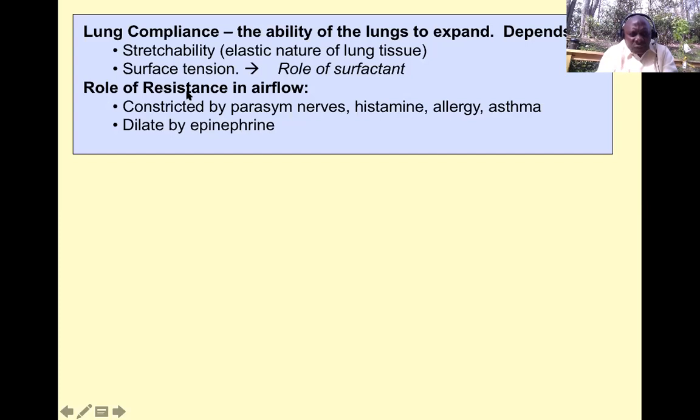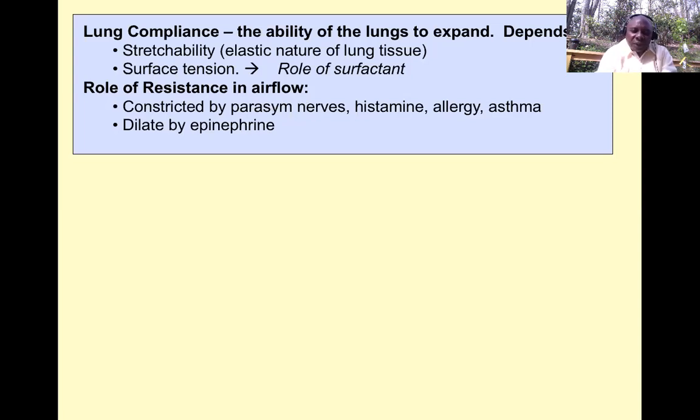Okay, and then resistance. We talked about resistance, and it was in our formula. So what are the factors that affect airflow or resistance? Well, the parasympathetic nervous system, and we've talked about this.